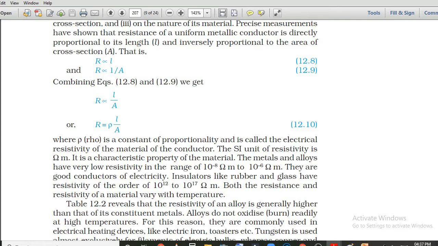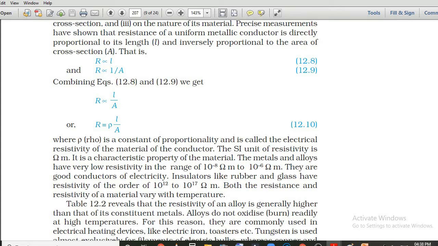How can you define resistivity? Resistivity is the resistance of a material if its length and area of cross section are taken in units, providing the temperature remains the same. Here also we derived this equation by a concept.